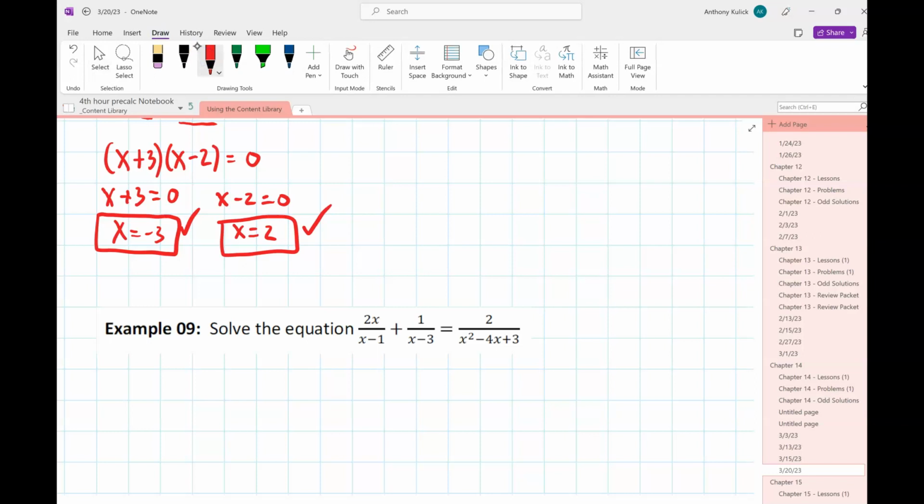So how many rational functions do you see in this one? 3. There's 3 fractions with x's in the denominators, right?